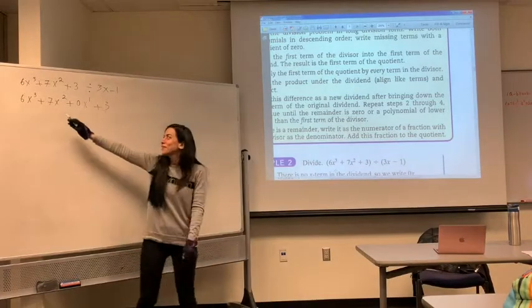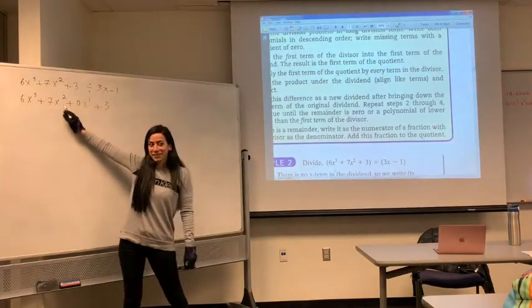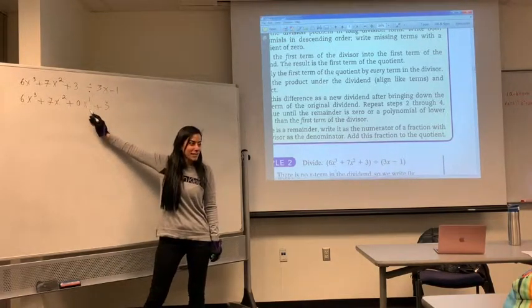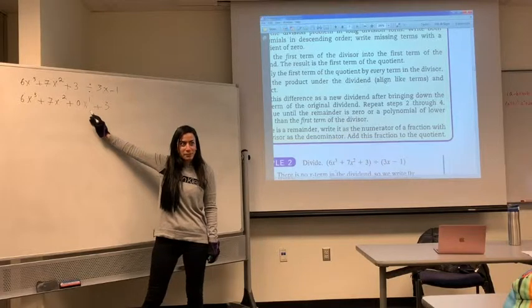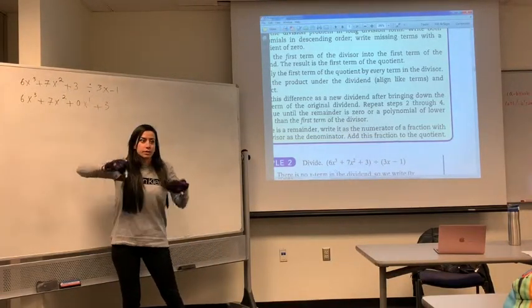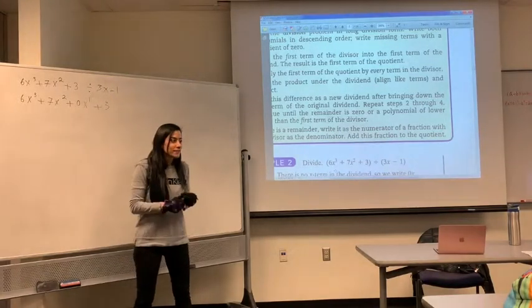We have x power 3, we have x power 2 now, and now we brought back x power 1. Because we didn't have it here, it means it was 0 multiplied by x power 1, right?